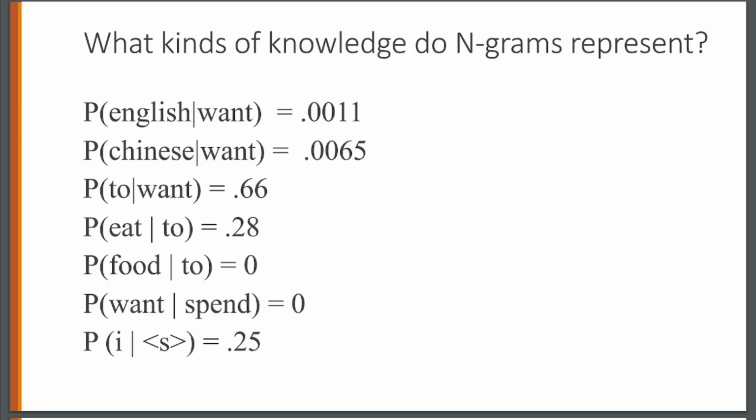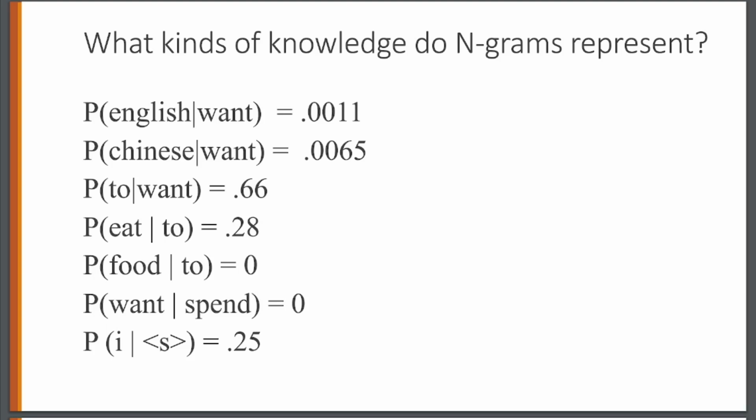Which, depending on your opinions about English food, may or may not surprise you. But the model has given us some intuition into the structure of our language, right? So, for instance, we can calculate that want English, that particular bigram in that particular order, occurs, let's say, about 1/10% of the occurrences in this particular corpus, right?